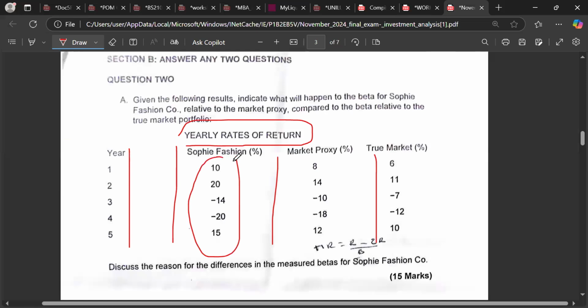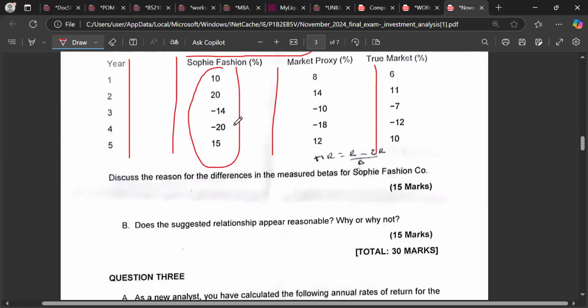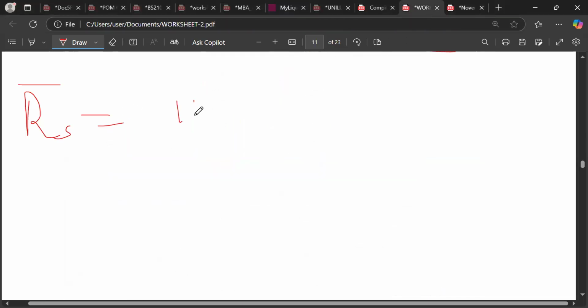What are we getting when you add everything here? 11, yes. That's right. So 11 over 5, because 5 is the number of years, gives us 2.2% as the average return for Sophie.